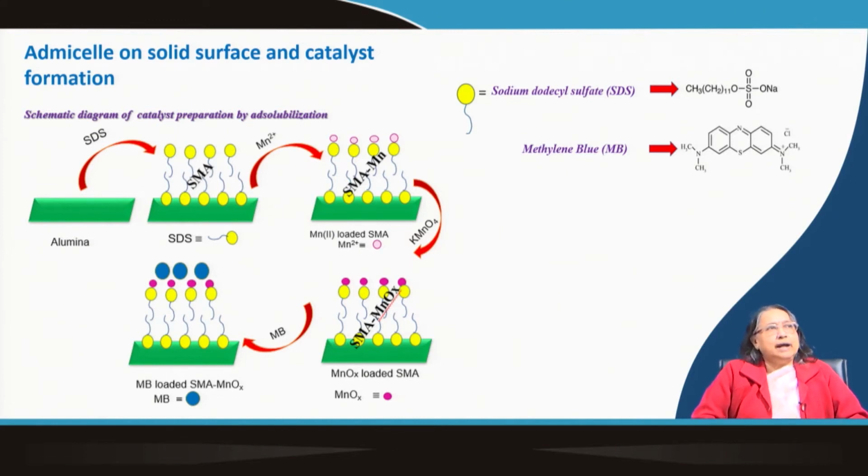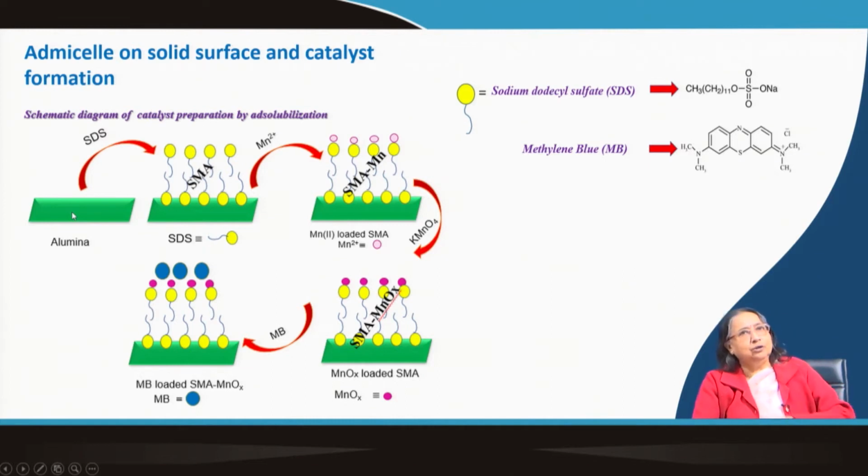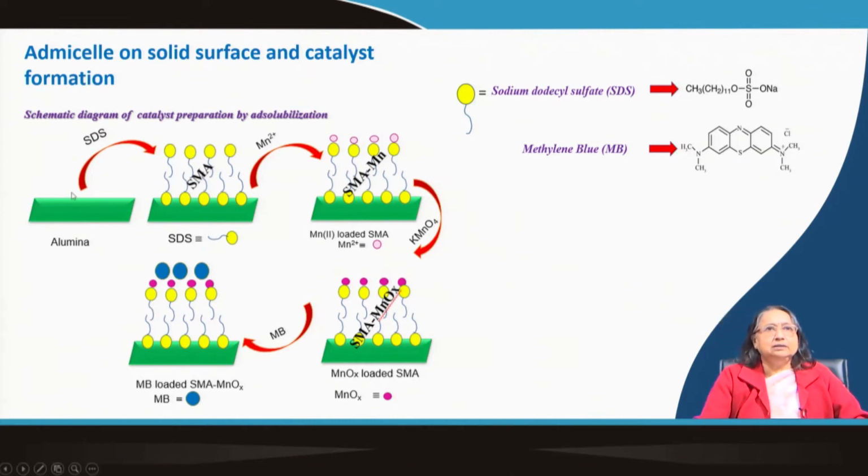At the pH ZPC the solid surface is neutral, meaning the charge is 0. If you change the solution pH and go to a lower pH, the surface will be positively charged. If you go to a higher pH, the solid surface will be negatively charged.